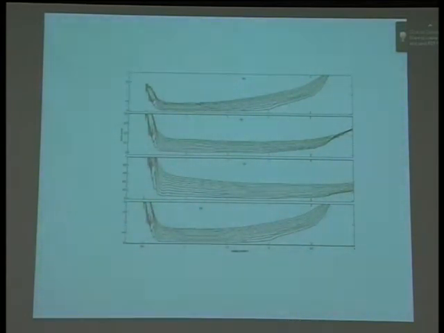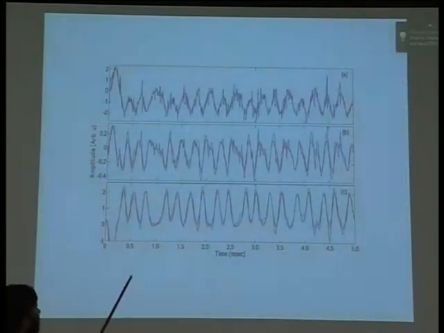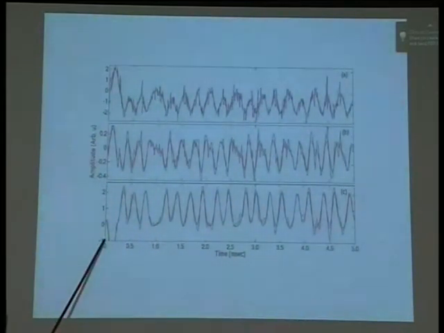From this figure we can tell that the noise is not desynchronizing the system, but is just perturbing around that trajectory. So these are typical trajectories with noise.